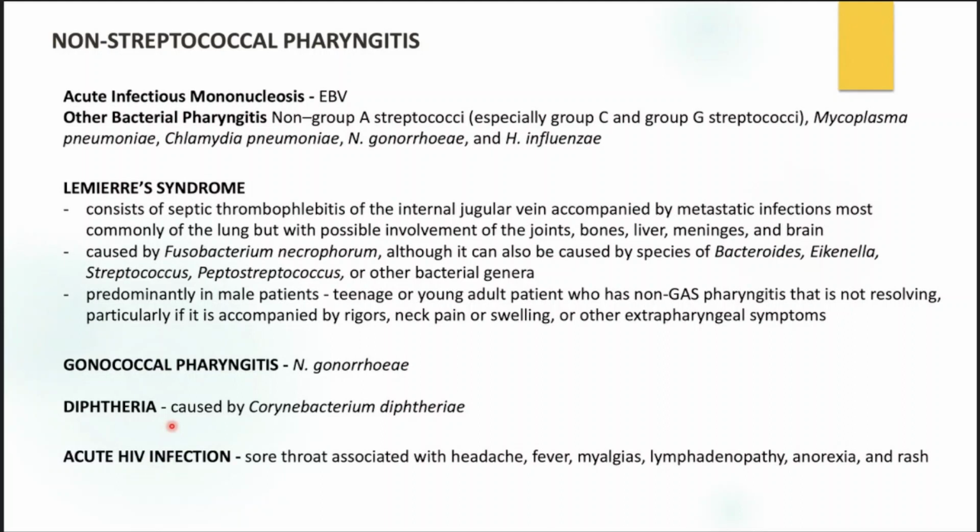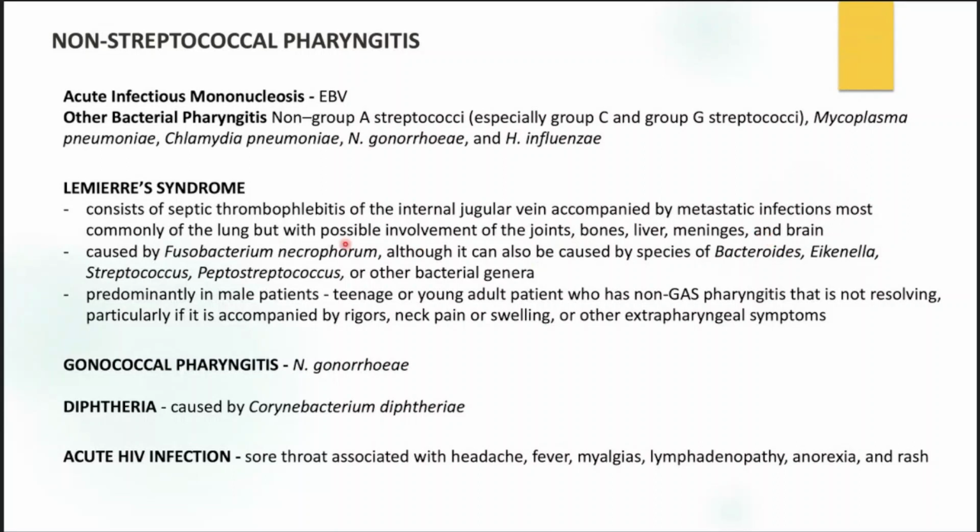influenzae. We also have a condition known as Lemierre's syndrome. It consists of septic thrombophlebitis of the internal jugular vein accompanied by metastatic infections, most commonly of the lung but with possible involvement of the joints, bones, liver, meninges, and the brain.